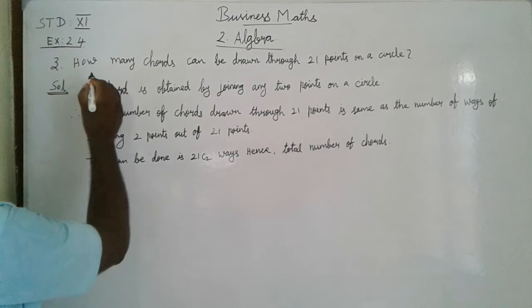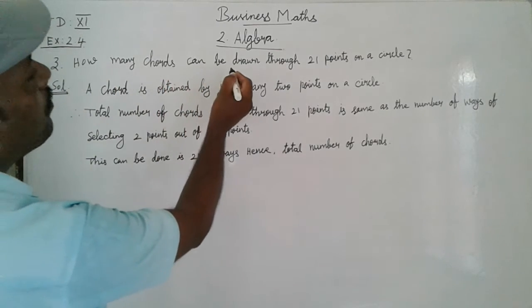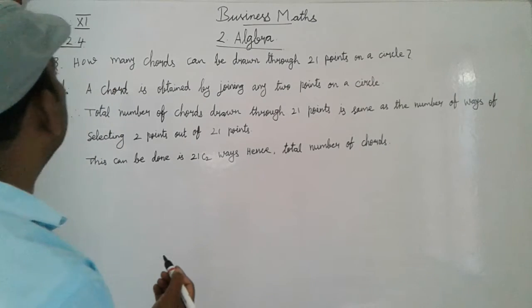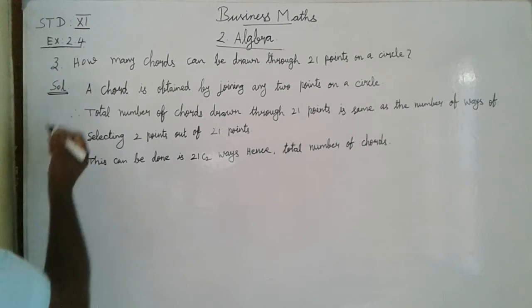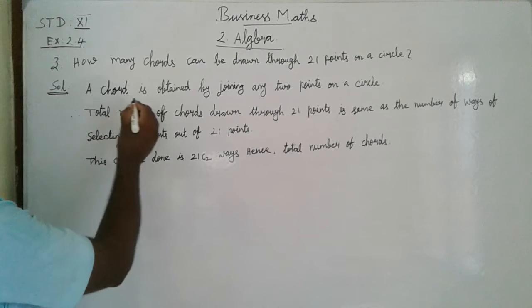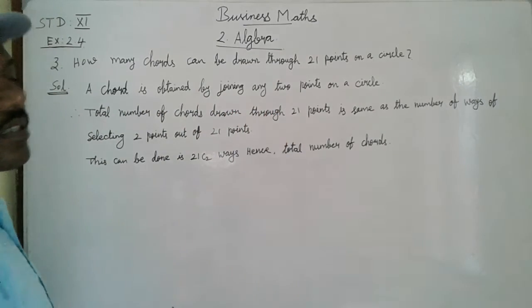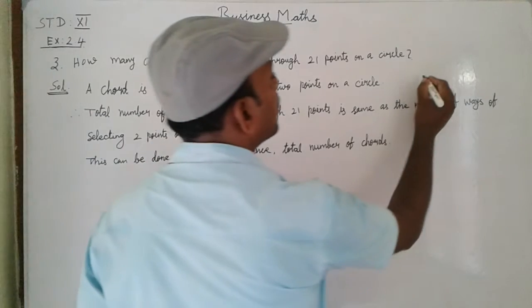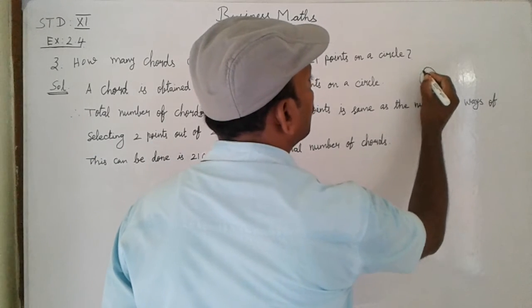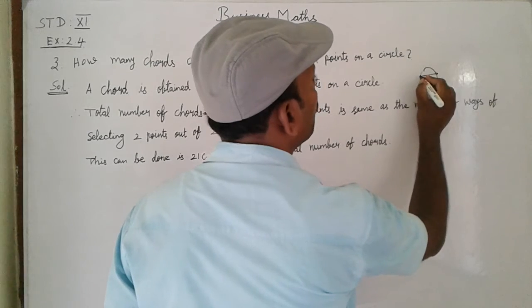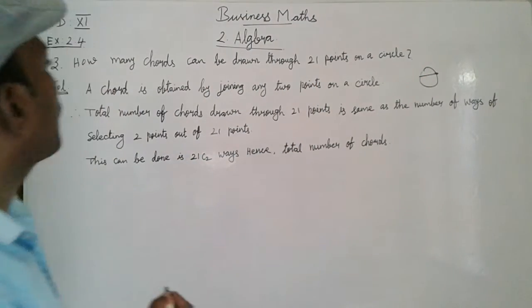Third sum: how many chords can be drawn through 21 points on a circle? Solution: a chord is obtained by joining any 2 points on a circle. A chord is any 2 points joining the circle.